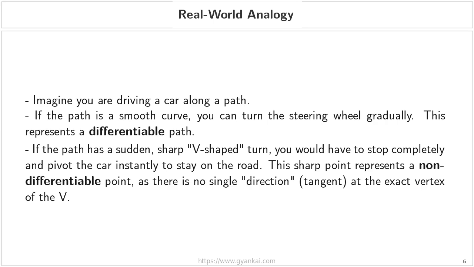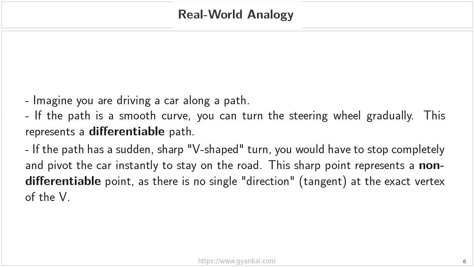If the path has a sudden, sharp, V-shaped turn, you would not be able to simply glide through it. Instead, you would have to stop the car completely and pivot it instantly to stay on the road. This sharp point represents a non-differentiable point. This is because, at the exact vertex of the V, there is no single, well-defined direction, or tangent line, that the car is following.